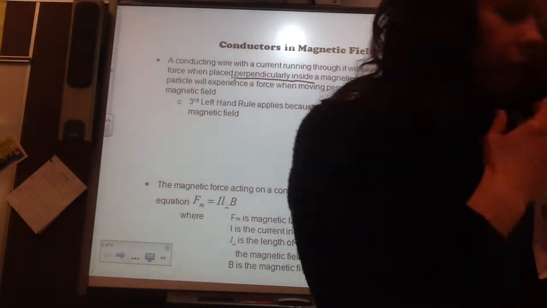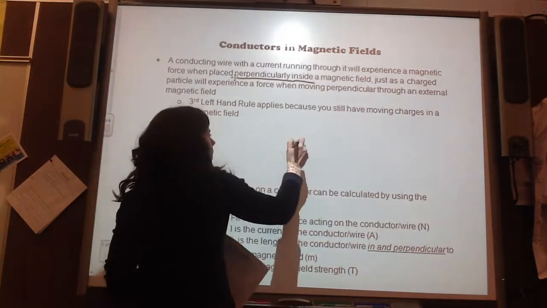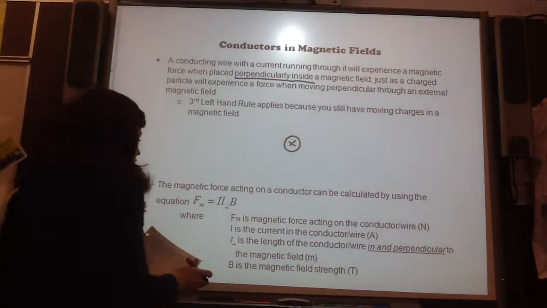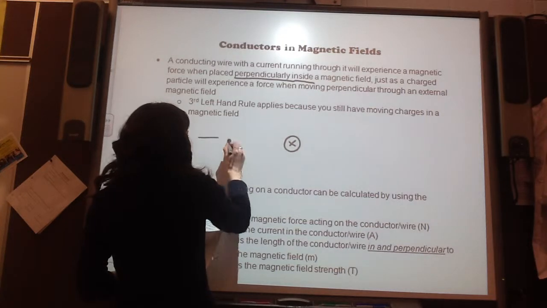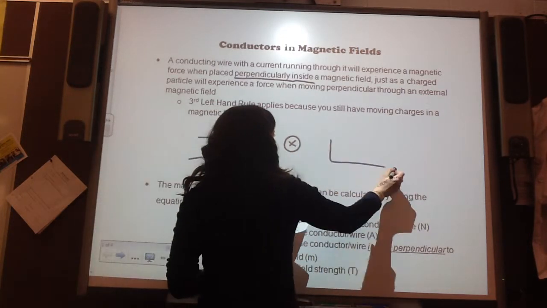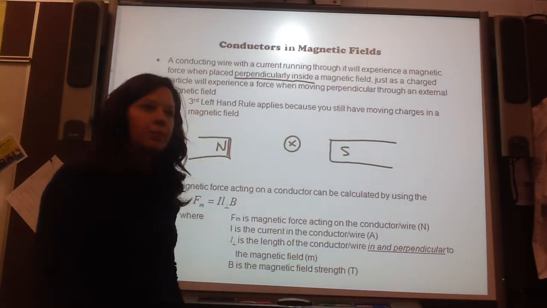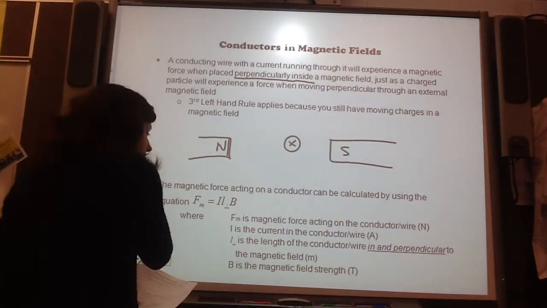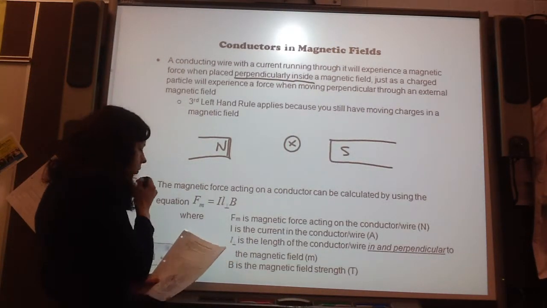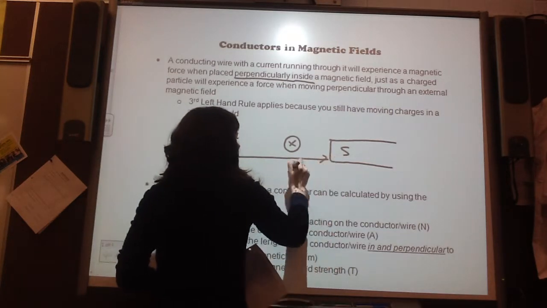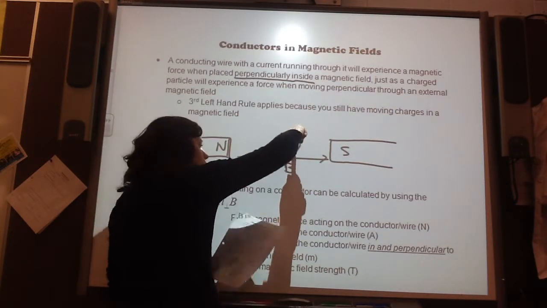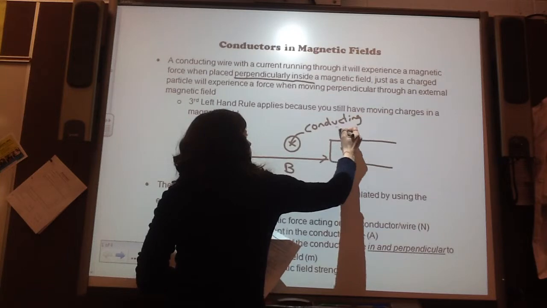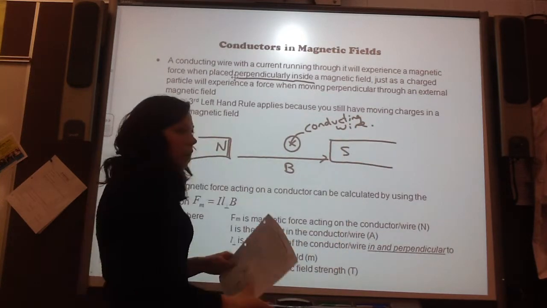So you can still use your third left-hand rule. So say we have a conducting wire, and it's going into the page, and it's placed in a magnetic field like this. So our magnetic field is running north to south, okay? And our current, this is our current going in. So the conducting wire is your thumb.